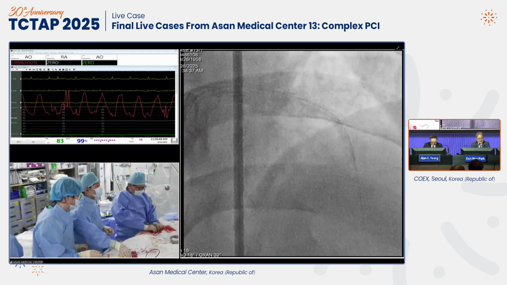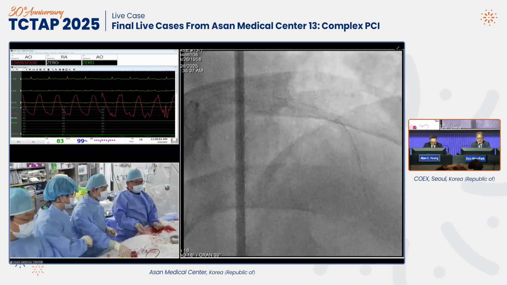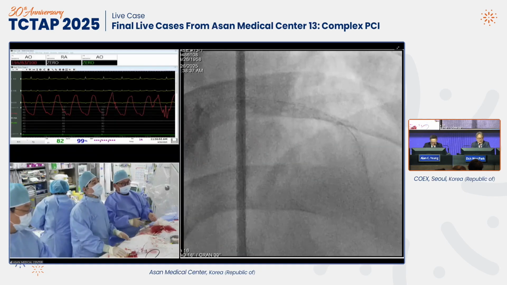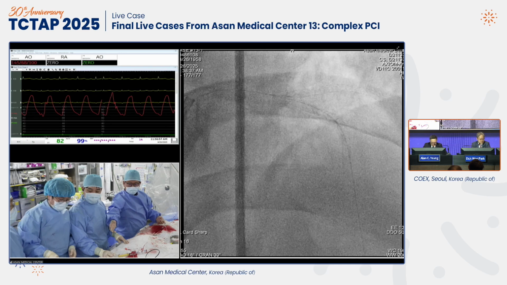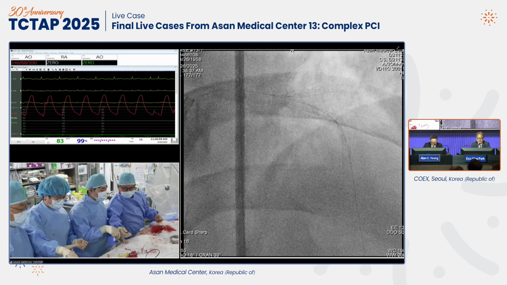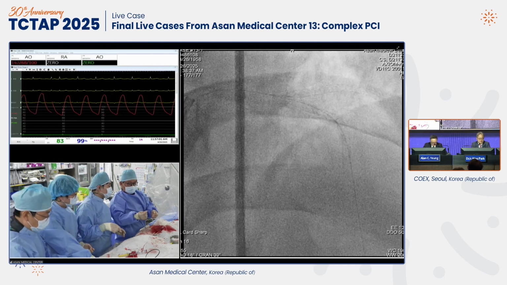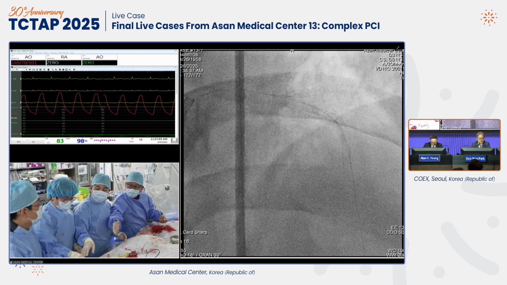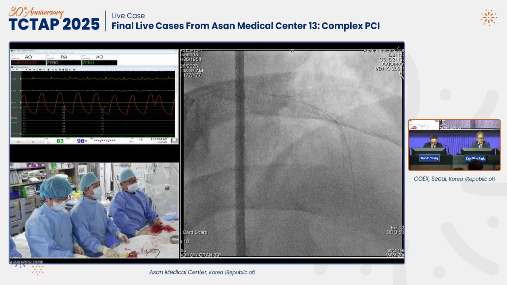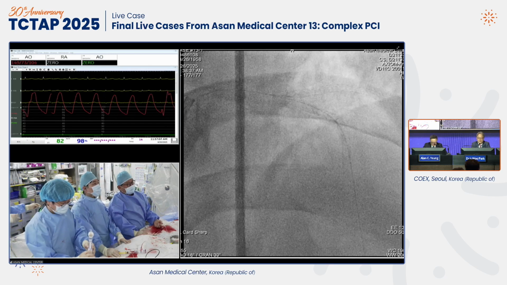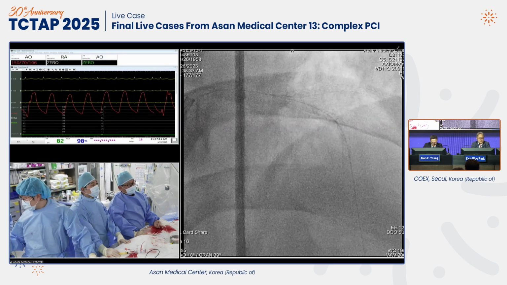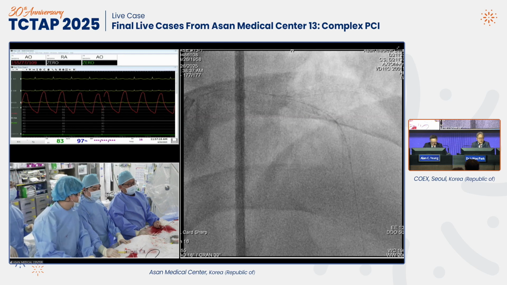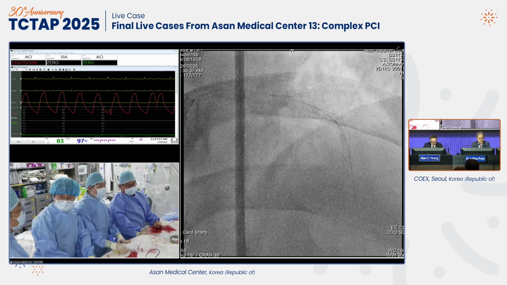Based on the Duk-Woo Park randomized trial, the OCTIVUS trial, there is no difference between OCT and IVUS for routine treatment. But for user-friendliness, I think IVUS is more user-friendly than OCT.